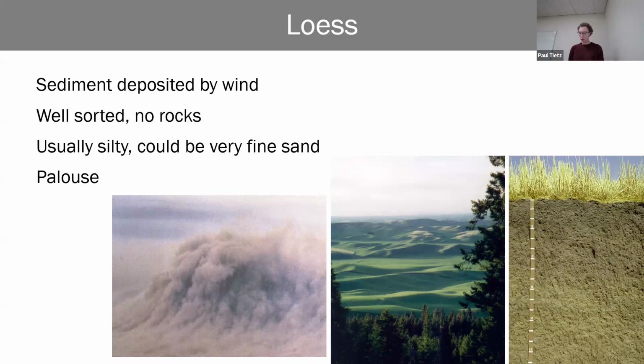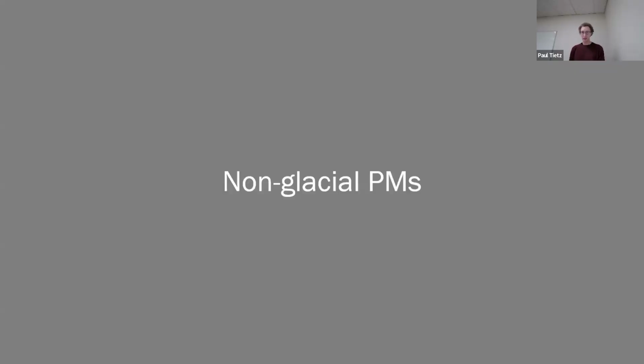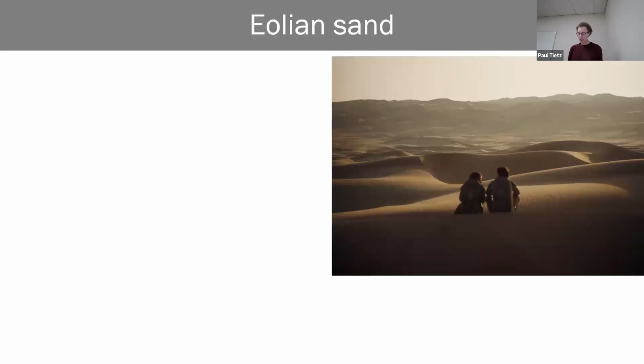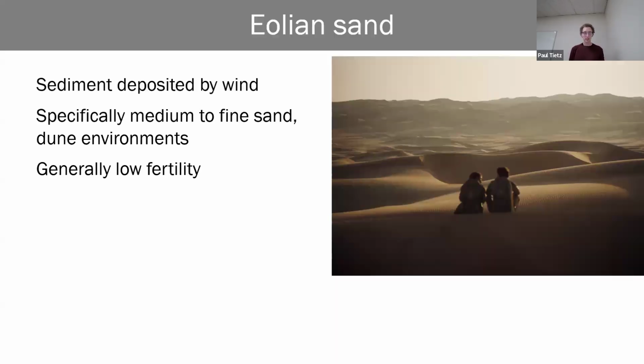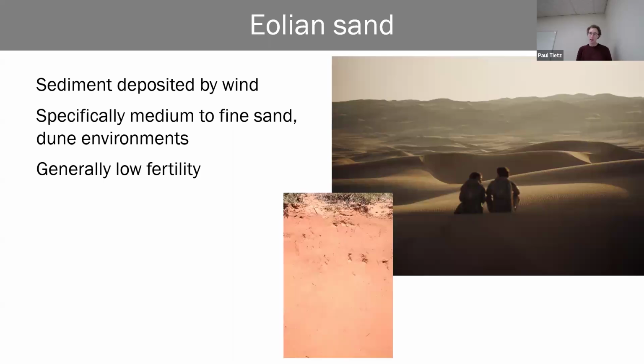Those are the main glacial parent materials. With just a couple minutes left, I'll go through some of the non-glacial parent materials relatively quickly. We have Aeolian sand as well. It's similar to loess in that it's deposited by wind, but this is specifically medium to fine sand, usually in dune environments.